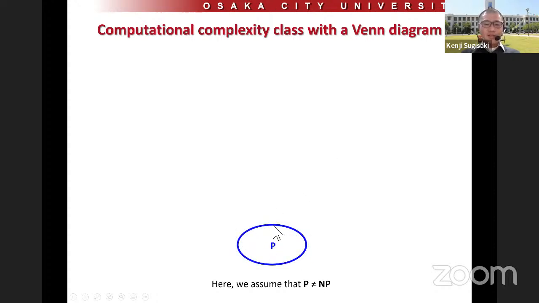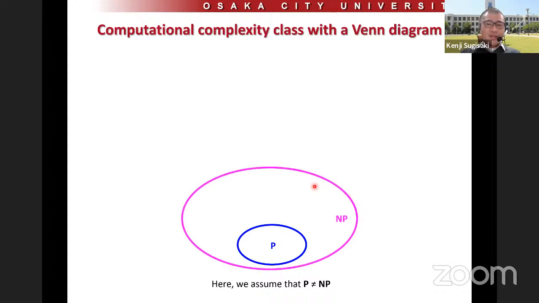First, let's think about the problems in P. The class NP includes the problems in P. But here we assume that P is not equal to NP.